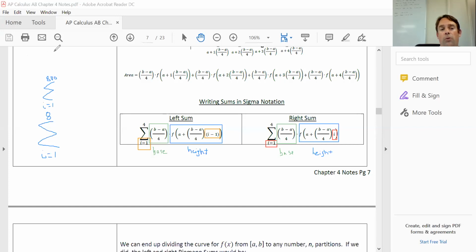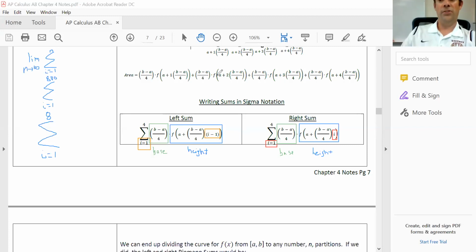So then we say, what if we allowed the number of rectangles to, in theory, be infinite? And if they were infinite, we would have the exact area underneath that curve. The exact area.